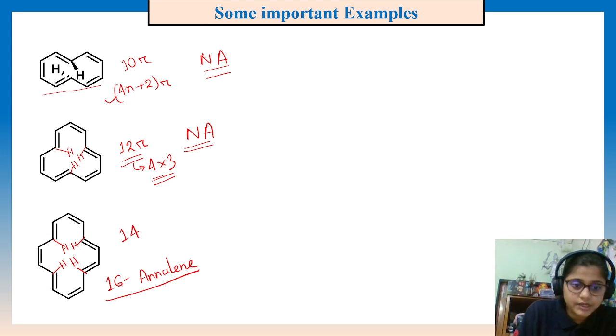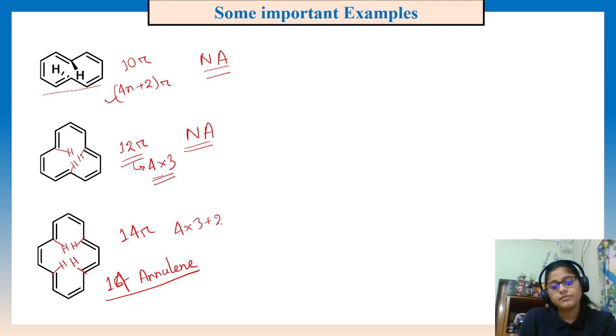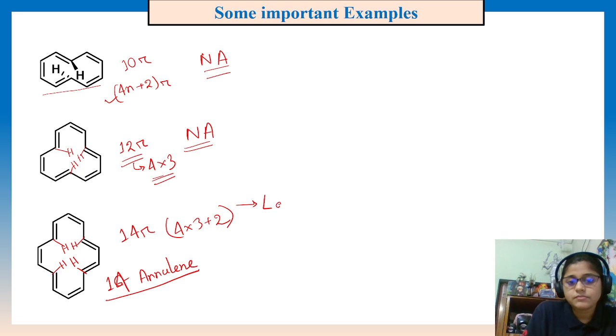14, 14 pi electrons. So it will follow 4n plus 2, 4 into 3 plus 2, right? It should be aromatic, but experimentally it is found that at low temperature it will follow this Huckel rule, and it will be planar, so that it will be aromatic.